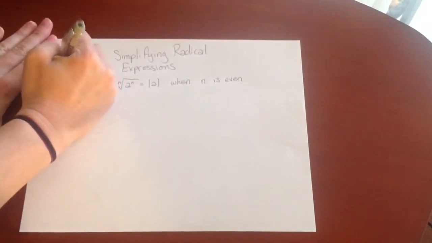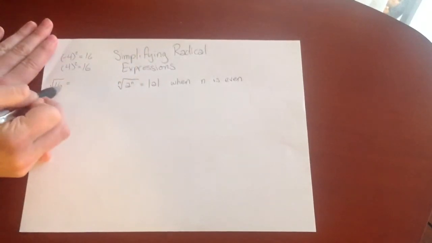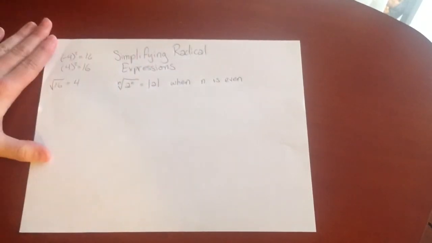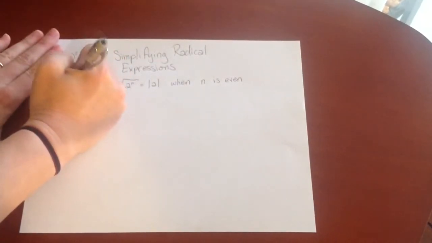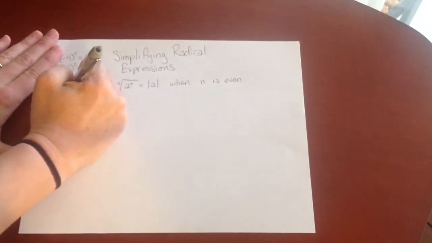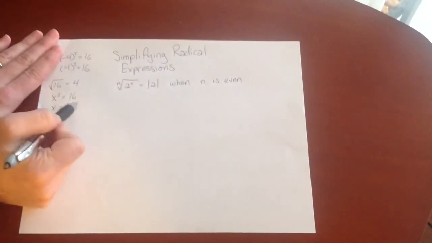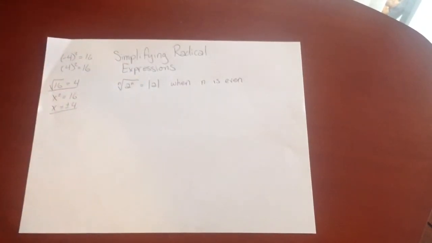So when we're given something like the square root of 16 equals, what we're trying to simplify, we just want it to be 4. However, if we're solving and we have x squared equals 16, when we take the square root of both sides and we're solving for x, we still need to consider x equals plus or minus 4. So this is simplifying and this is solving. There are two different ideas behind each. For this chapter, we're just simplifying. We're not worrying about the plus or minus.